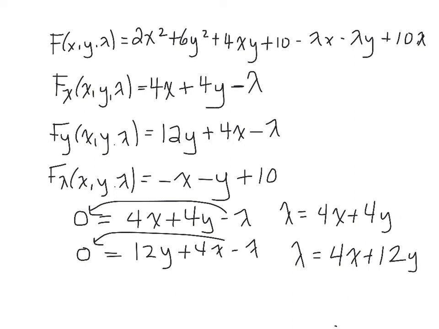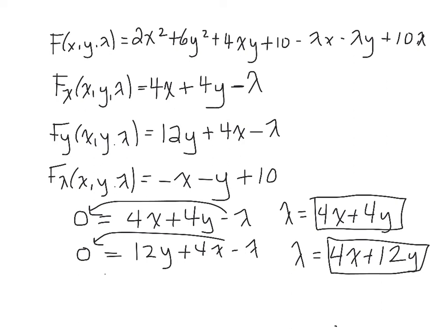So in any case of equality, which these are with the equal sign, we have lambda equals one set of terms, 4x plus 4y, and we have lambda equaling 4x plus 12y. So what if we put those together? If we know that 4x plus 4y equals lambda and 4x plus 12y equals lambda, then those two sets of terms must be equal to each other.